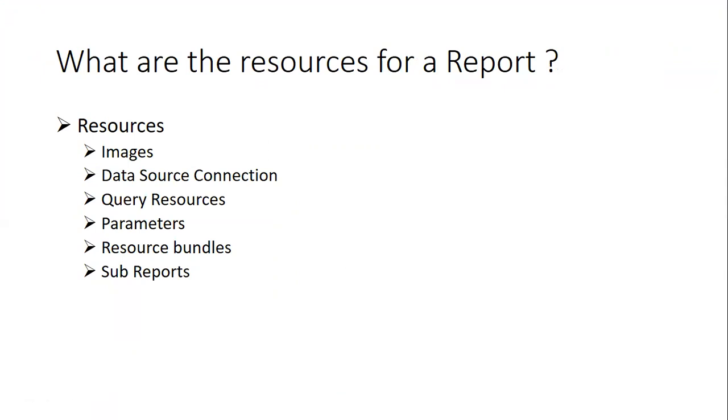Now let us see what the resources for a report are. We can consider an image, a data source connection, a query resource, a set of parameters, resource bundles, or sub-reports as the resources of a report. When we publish a report to the server, it also takes these resources for the report.